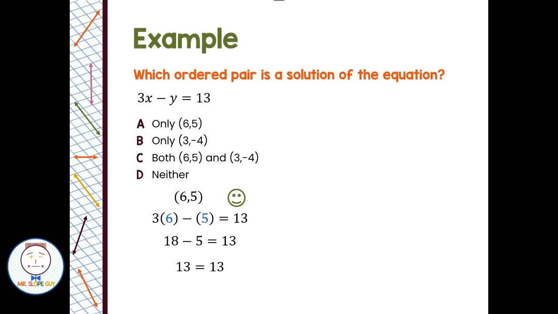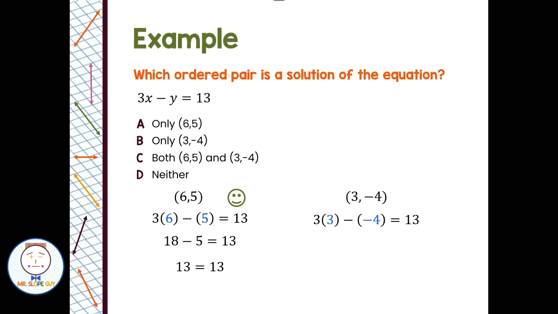Try our second point, (3, -4). Put in 3 for x and put in negative 4 for y. So I have 3 times 3 minus negative 4. Don't try to do any operations. Just try to get everything substituted in correctly, and then we can work things out. I know some of you want to jump right to plus 4, but give it a minute, substitute in cleanly, write one more step, because some of you tend to do too many steps at a time.